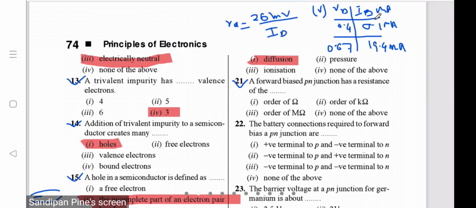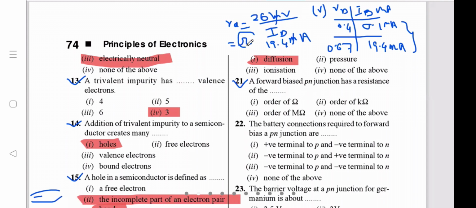Here ID ranges from about 0.1 milliampere to 19.4 milliampere, and in this range RD will vary. Suppose ID is 19.4: the milli cancels, and it will be some 1 point something volt by ampere, so the range will be ohm only. R is measured in volt by ampere.